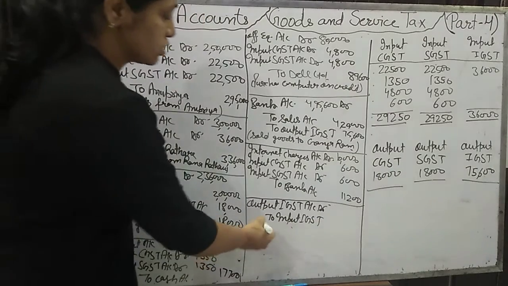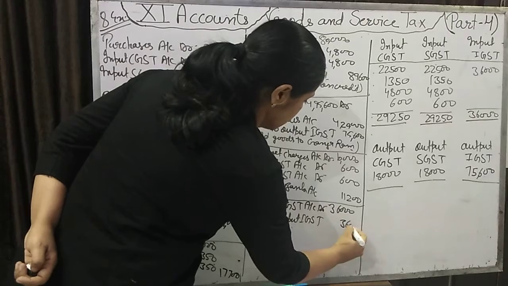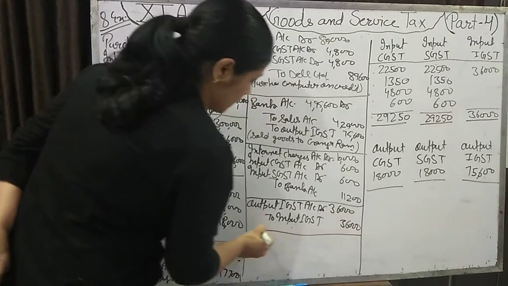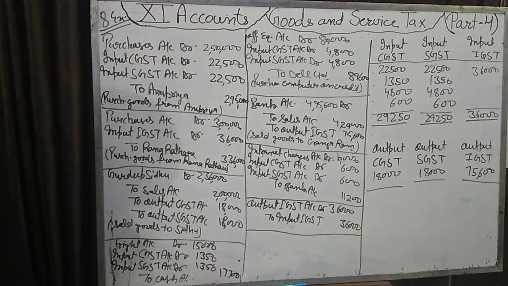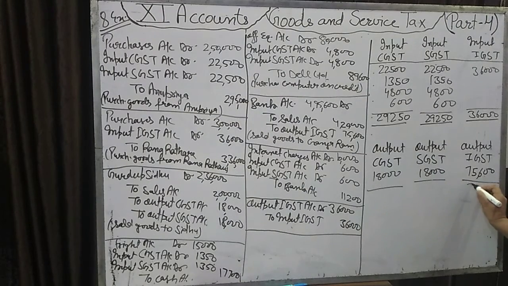So we can adjust only 36,000 IGST from input IGST. Now how much output IGST is remaining unadjusted? 39,600, that we will adjust from input CGST and SGST.